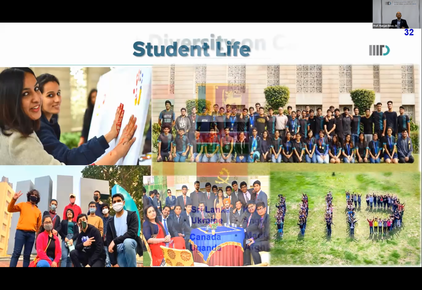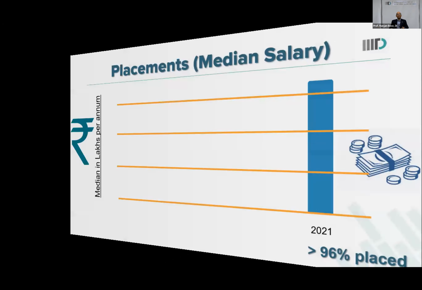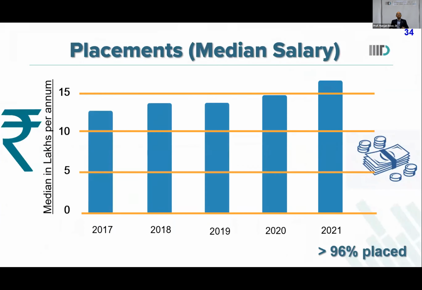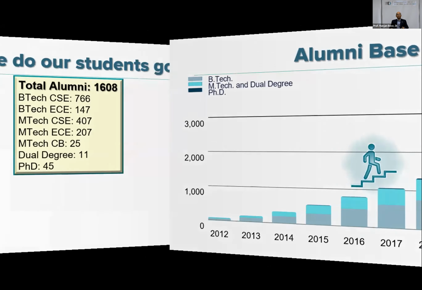Very quickly about student life, we have a lot of diversity, 13 plus countries represented on campus, and our students have been doing very well in terms of their placements. Our alumni base is growing, and currently we have over 2,600 alumni across the country and the globe.